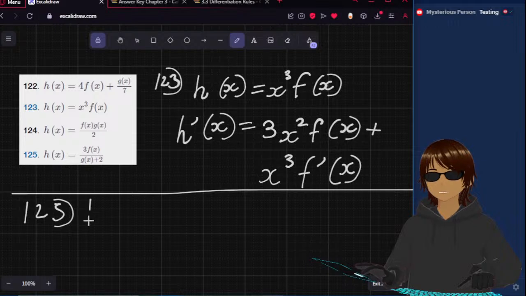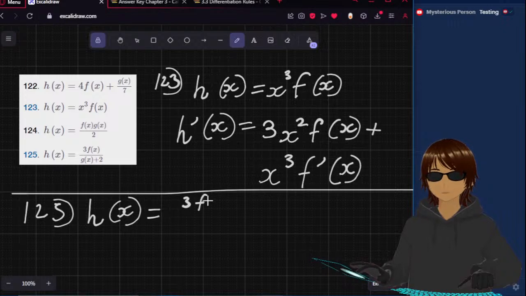125. h of x is equal to 3 f of x over g of x plus 2.